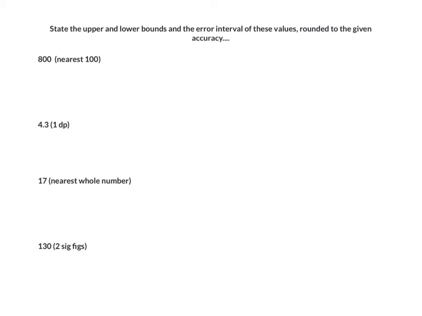So let's look at this here. We've got 800 to the nearest 100. We're measuring to the nearest, the units are hundreds. So what we're going to do is add 50 and subtract 50. Half of 100 is 50. And so the upper bound in this case is 850 and the lower bound is 750.